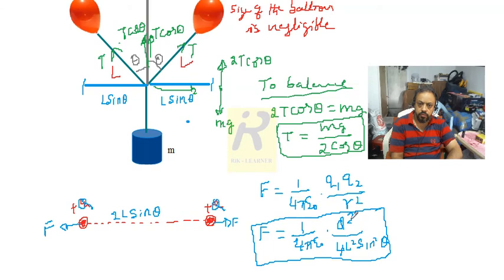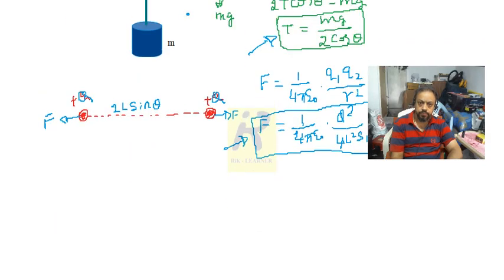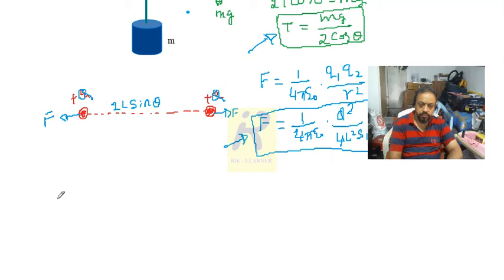Now you have to think further. We have tension and we have the force. Be careful. If one balloon is here, the tension is acting downward as seen from the balloon, it is T. The electrostatic force between the balloons is F, acting in this direction.